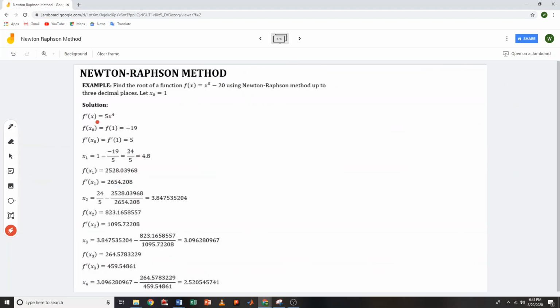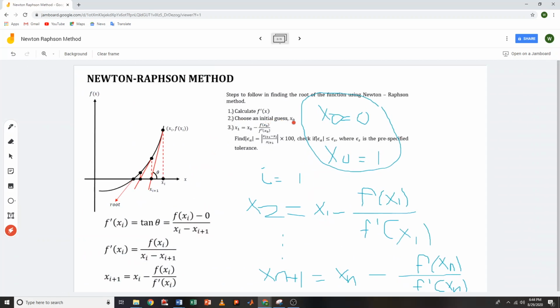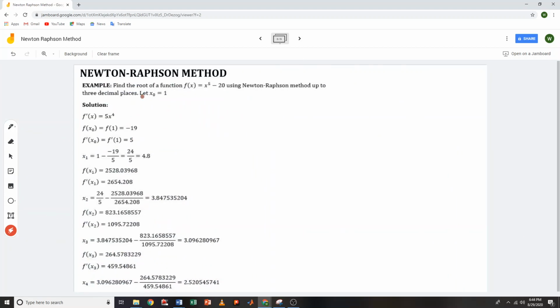If you derive this function, f of x equal to x^5 minus 20, the derivative is 5x^4, because the derivative of 20, a constant, is 0. Next step would be to choose an initial guess x0. So we have here x0 equal to 1.